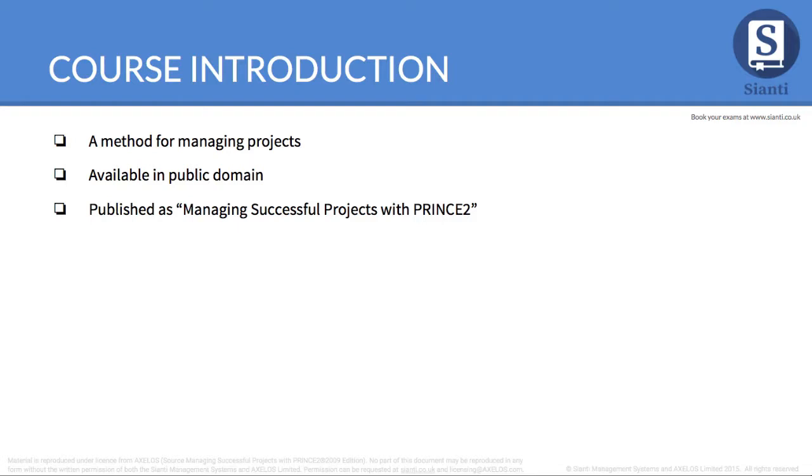It's the only method of its rigour which is available in the public domain. You can buy the Prince manual, and to that extent you can buy a project management method for your organisation. The manual is published in a publication available at any bookshop or ordered from TSO in UK. It covers the Prince method, and the courses are based upon what is in that manual.